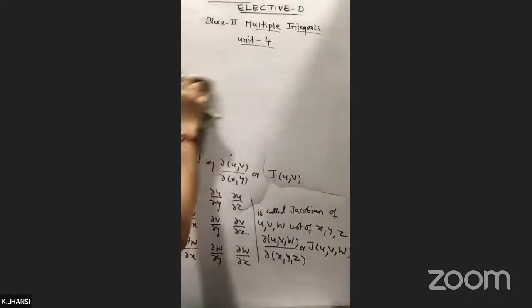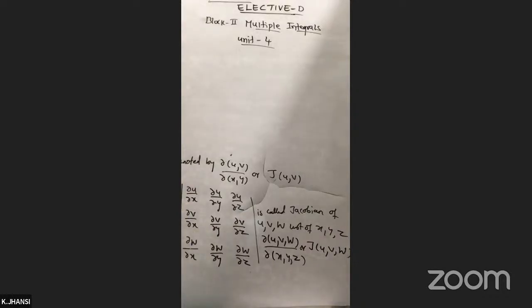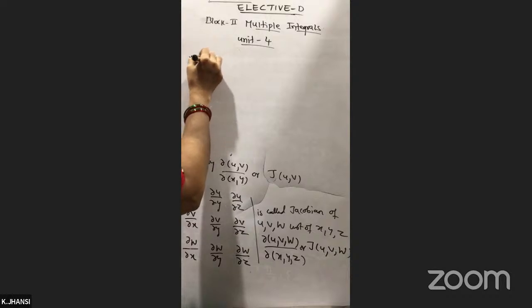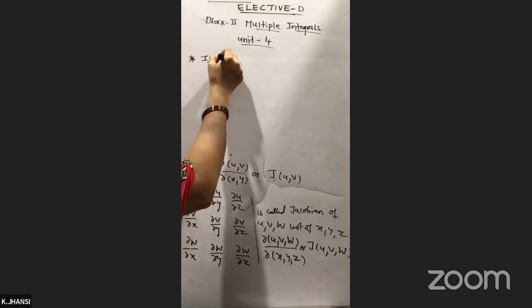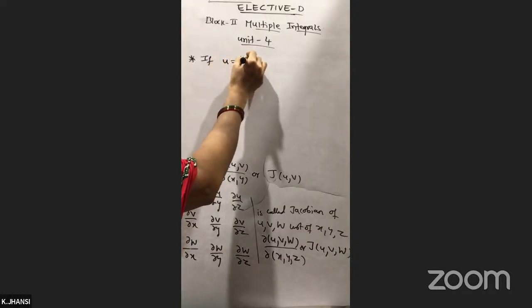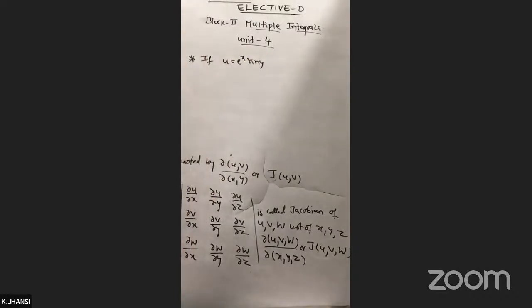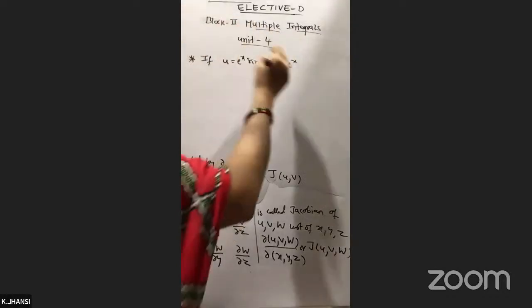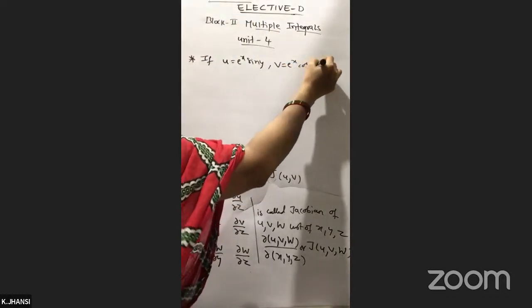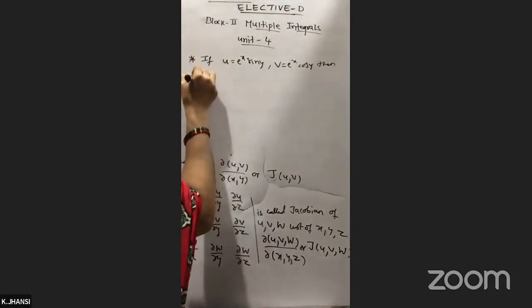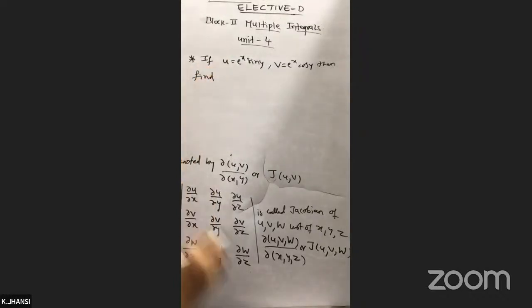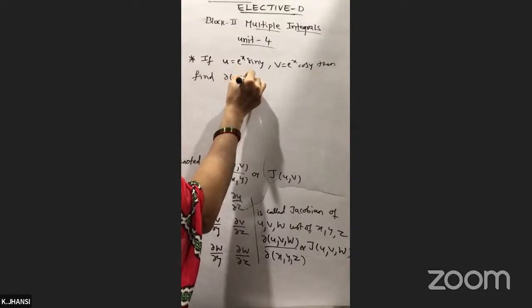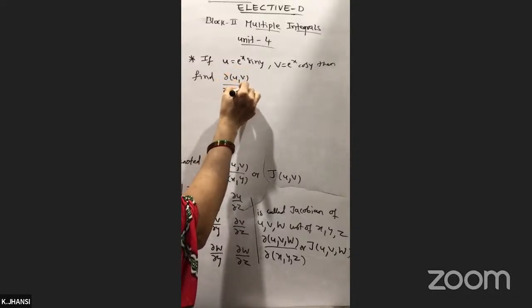So if two variables are given, how to find it? Let's just see one example problem. If u is equal to e to the power of x sin y and v is equal to e to the power of x cos y, then find dou of u comma v by dou of x comma y.